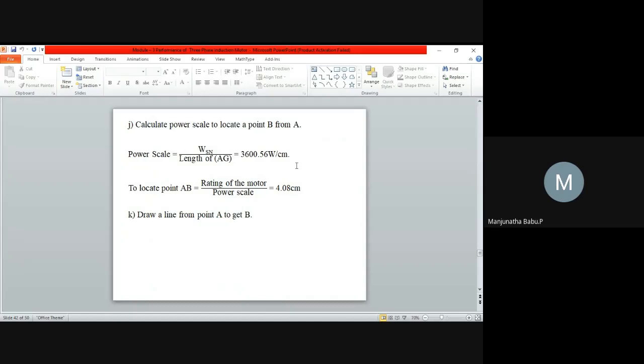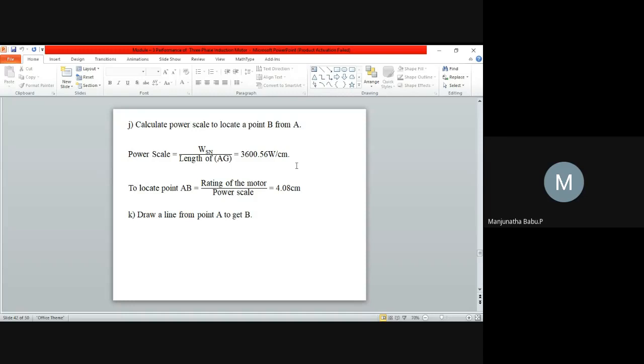Are you getting that power scale value? Yes, sir, 0.58.